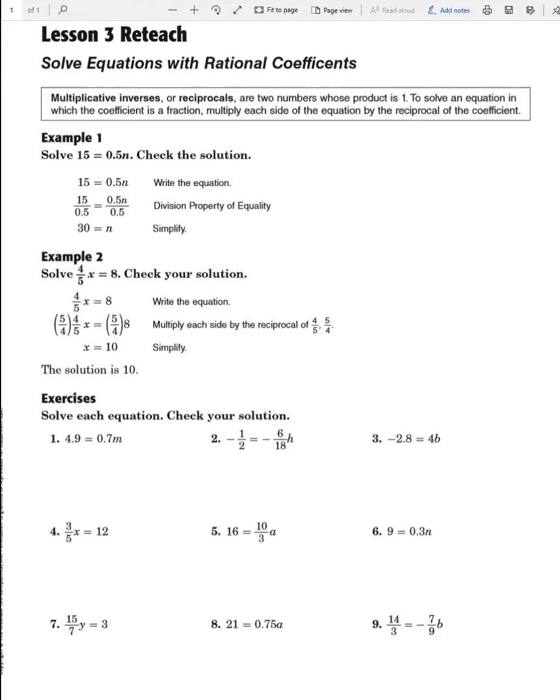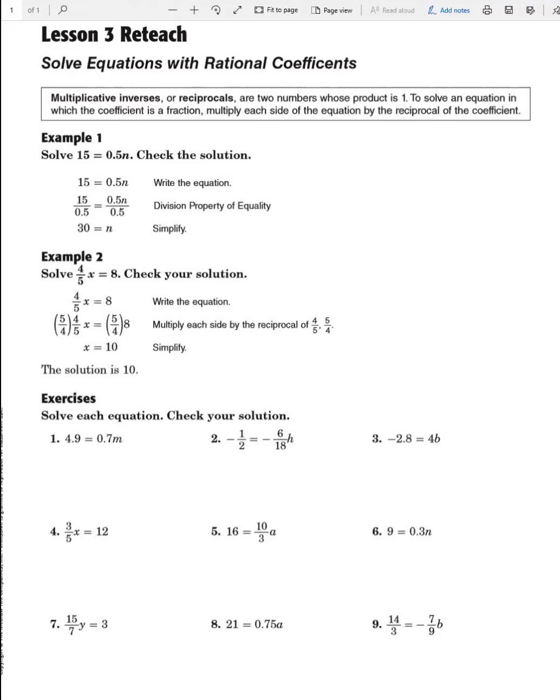Solve 4/5 x equals 8. Check your solution. Now in this example, the coefficient is a fraction. In order to solve this, we need to flip the fraction to its reciprocal.